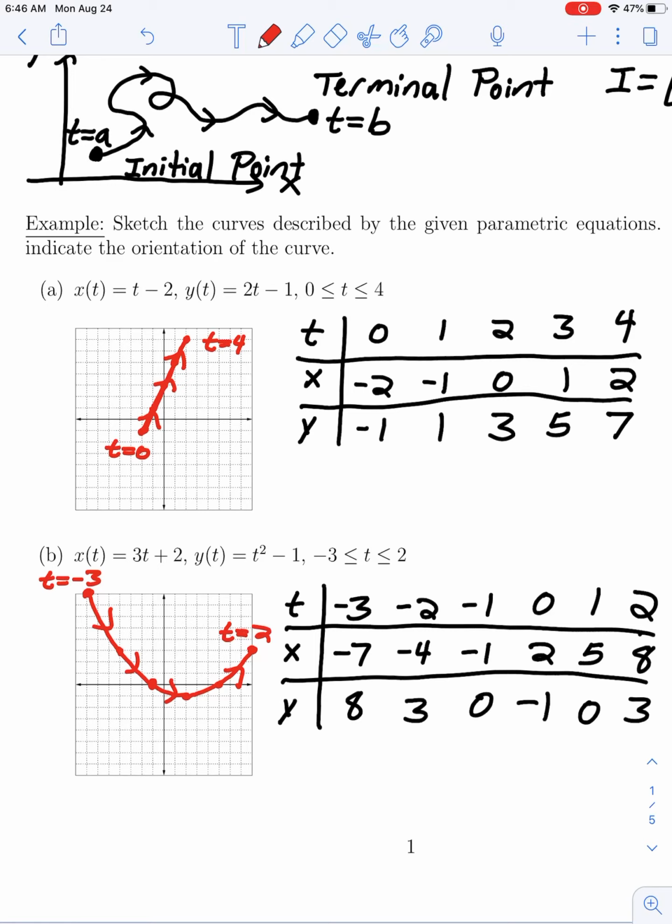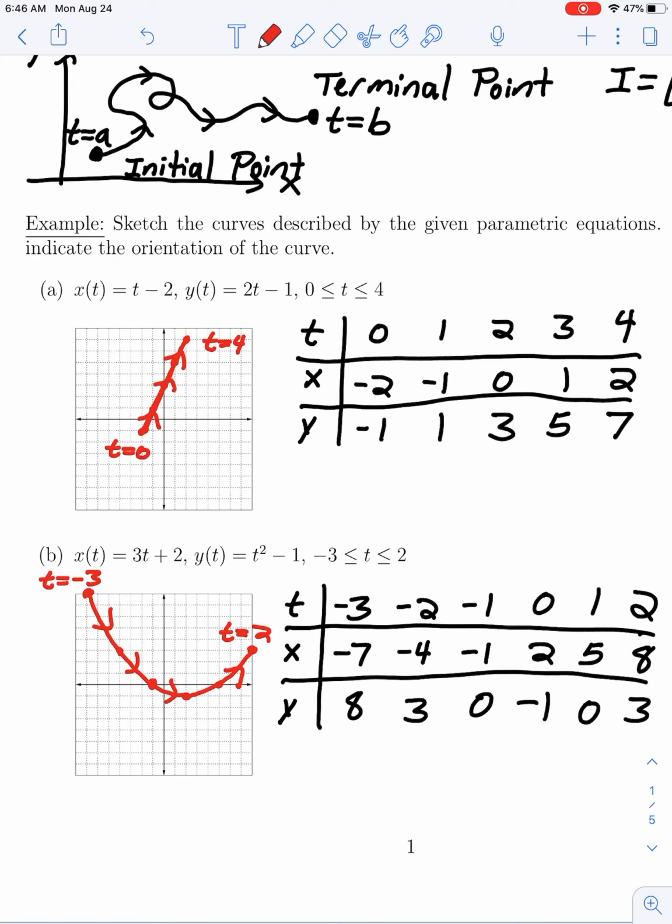So in this first example, we see one way to plot parametric equations or a parametric curve is by choosing specific values of t in some interval, finding the corresponding x and y coordinates for a point on the curve, plotting those points, and then connecting the dots. But we see, of course, that this is not a very efficient method for plotting parametric curves.